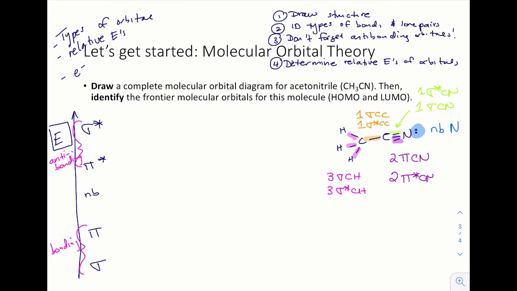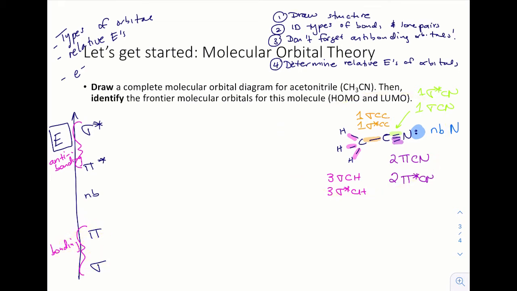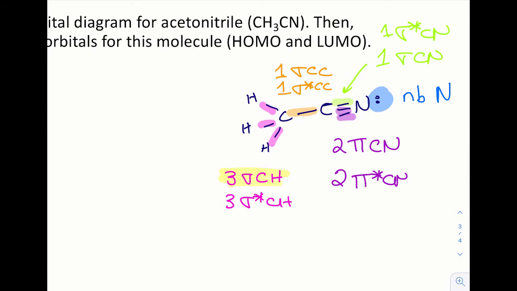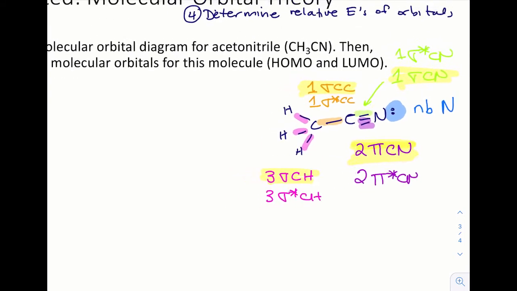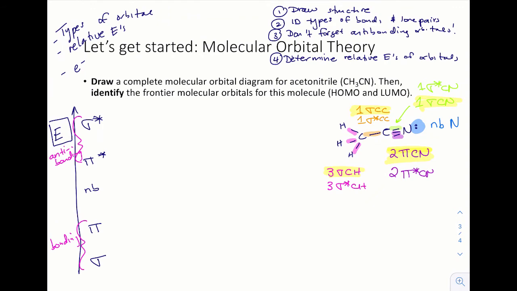We have identified several types of bonding orbitals in acetonitrile. We've identified sigma CH, sigma CC, sigma CN, and pi CN. These all represent bonding orbitals, and they will be in the lowest energy group of molecular orbitals.